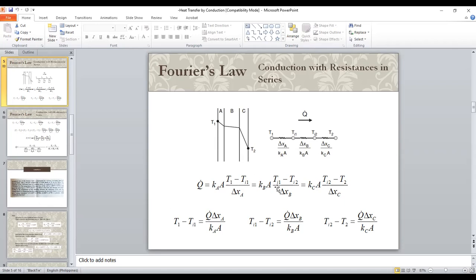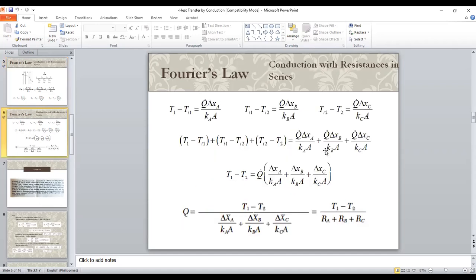And in here, you have the heat transfer rate for each of your materials as well in series. In here, you have the resistances. Okay, now I will proceed with the next slide.